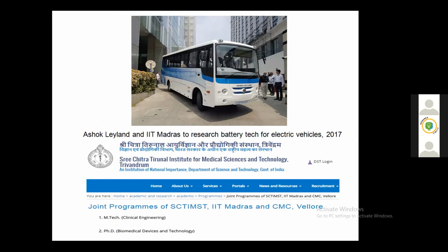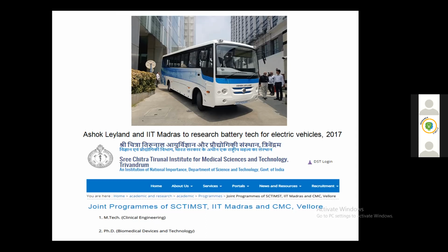Even though during that time electric vehicles were in the initial stage, they were thinking about how to develop a better battery system for long-distance travel on a single recharge. So here you can see that we have to anticipate what is going to happen in the future. There are times people solve existing problems, and there are situations where people work on problems they anticipate may occur in the future.